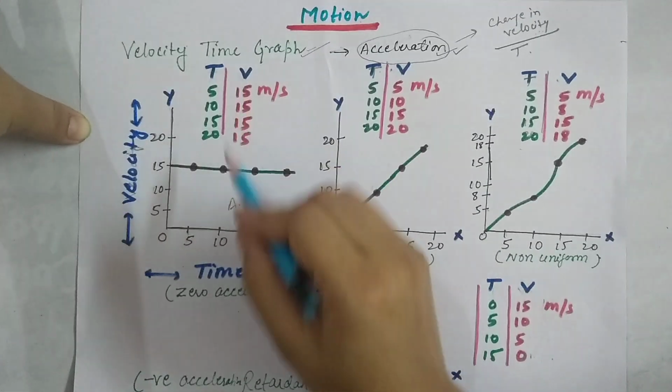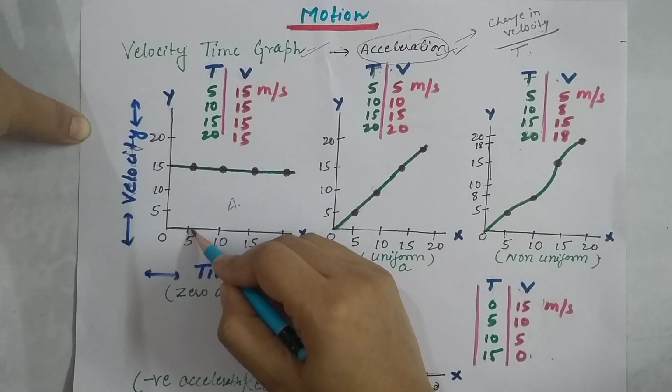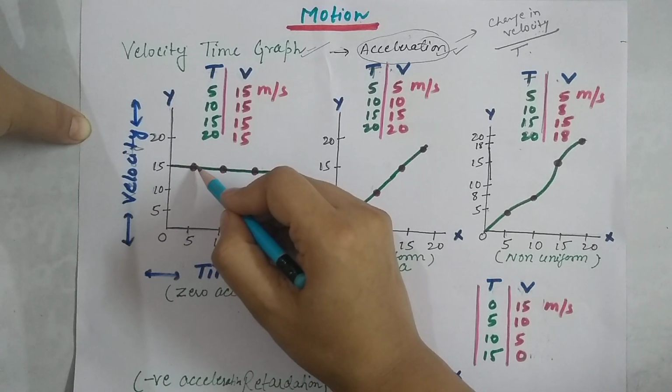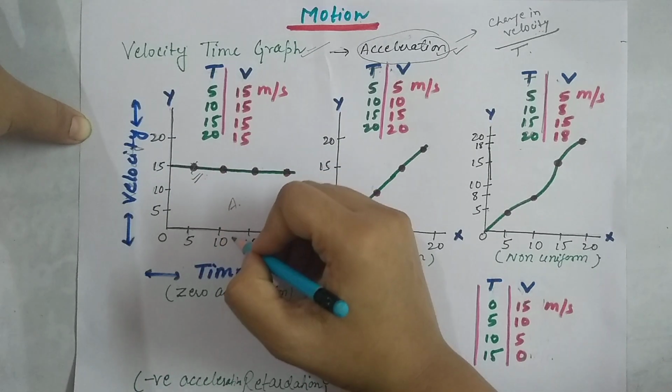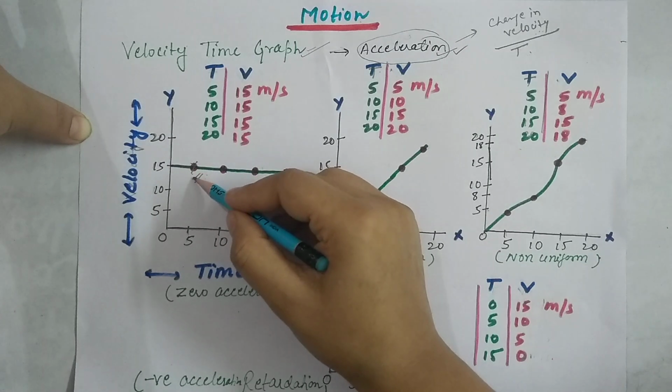The time is 5 seconds, and at 5 seconds the object moves at 15 meters per second.